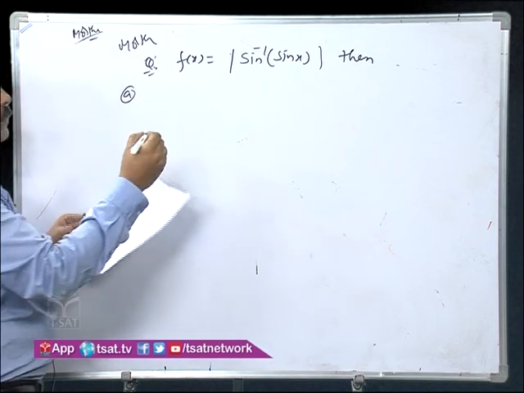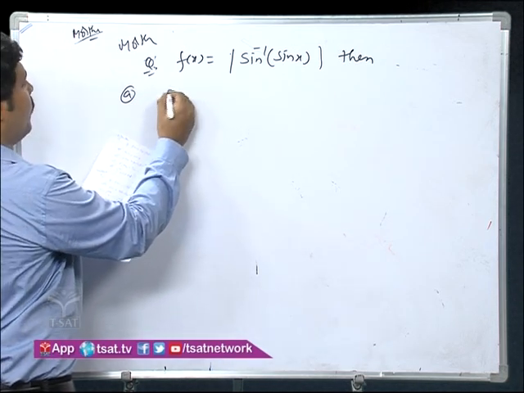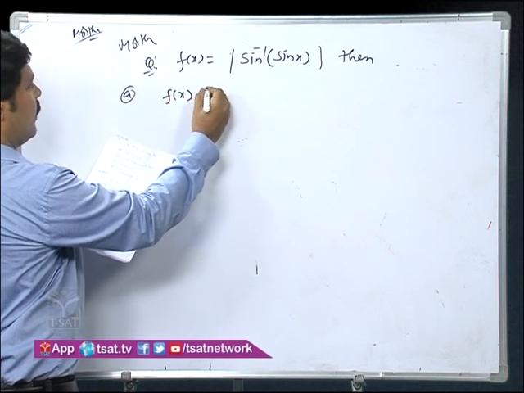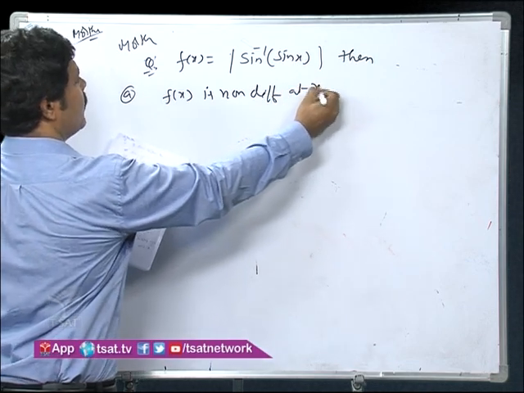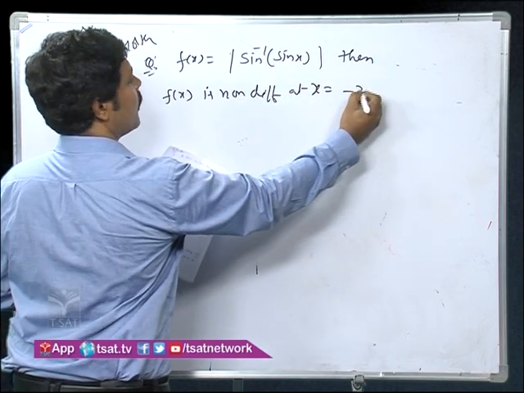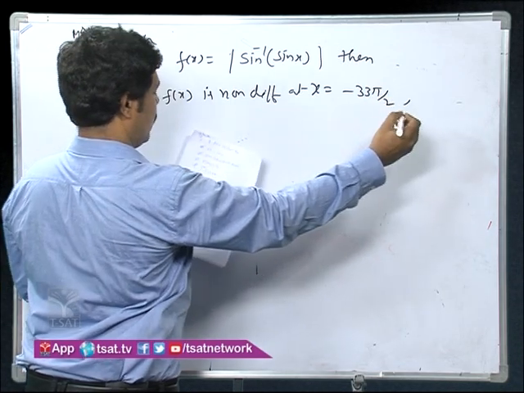Option A: f of x is non-differentiable at x equal to minus 33 pi by 2, comma 90 pi.